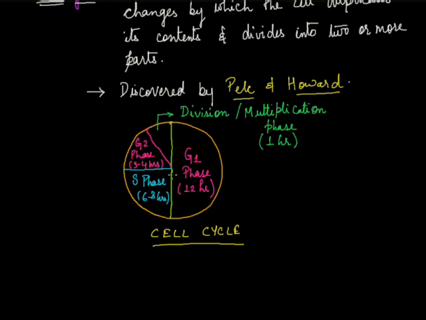These four phases can be broadly categorized into two parts: the G1, S and G2 phases constitute the long non-dividing phase or interphase of the cell cycle, whereas the division phase is the short phase, and it is also known as the short dividing or multiplication phase.